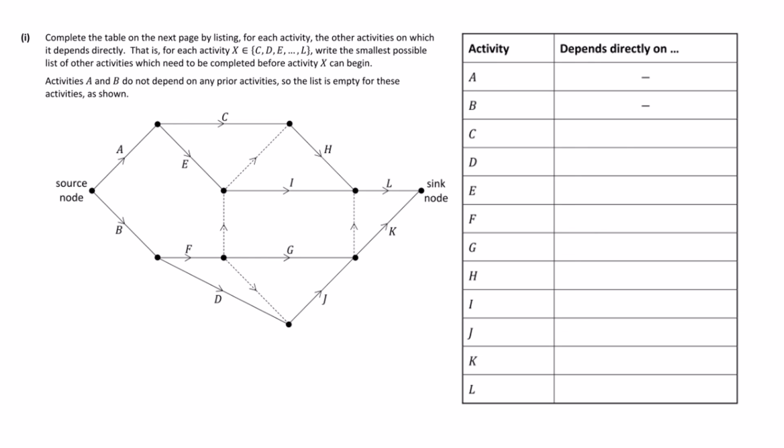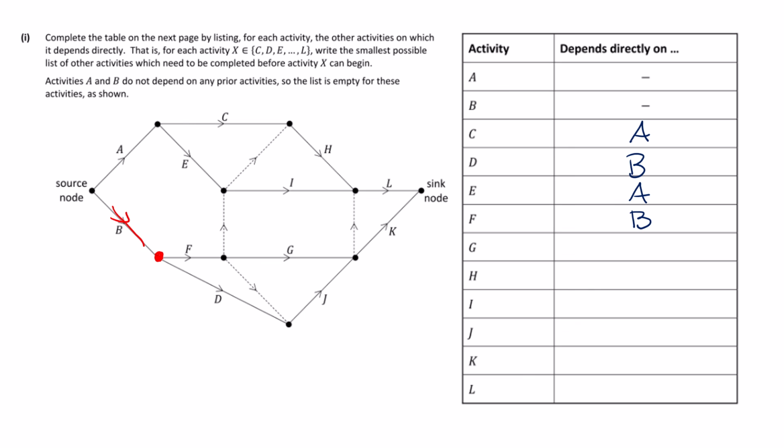So what we're going to do is start with C. C starts here, and there's only one activity feeding into that, and that is A. E is at the same point, so I'm going to fill that in there as well. Then let's look at D. Only one thing feeds into that node, and that is B. And that is the same for F as well.